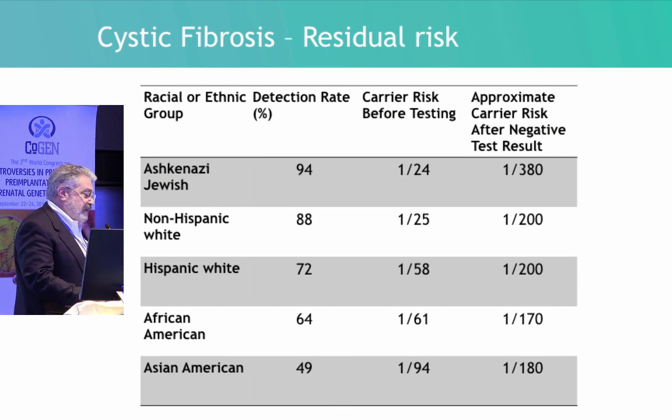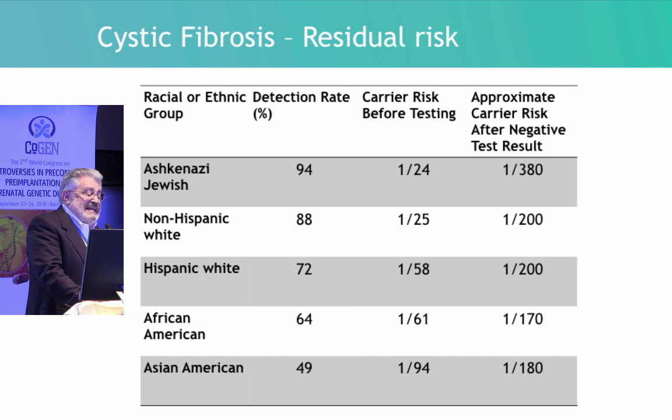Another issue I want to talk about, it is not related to the ethnicity issue, is targeted genotyping versus full sequencing. And the example I'd like to use is cystic fibrosis. This table is from the current ACOG technical bulletin.